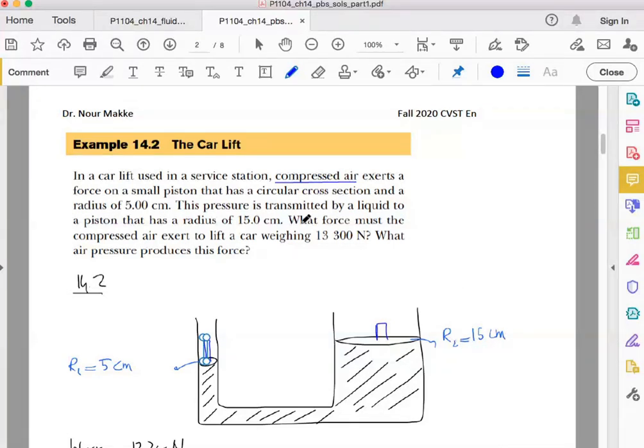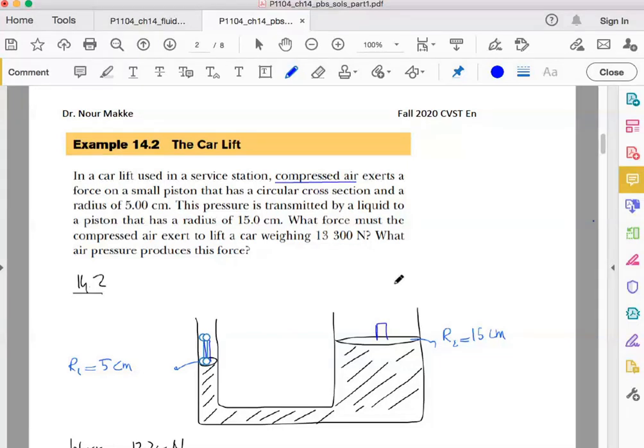The question is, what force must be applied by the compressed air to lift a car that weighs 13,300 Newton? Okay, so this is question number one. And question number two, what is the pressure that produces this force by the compressed air? So let's go on.